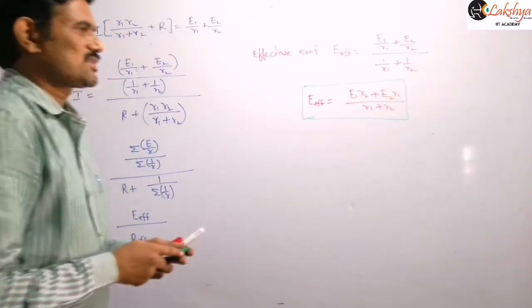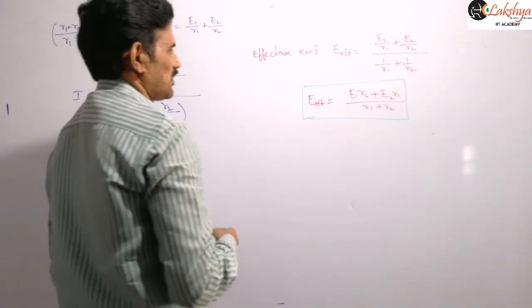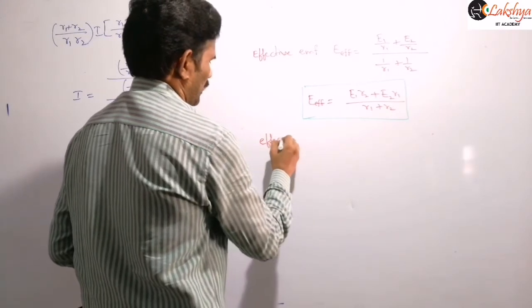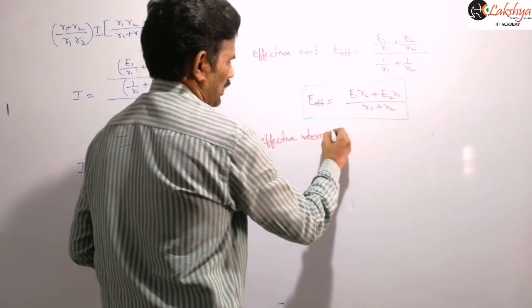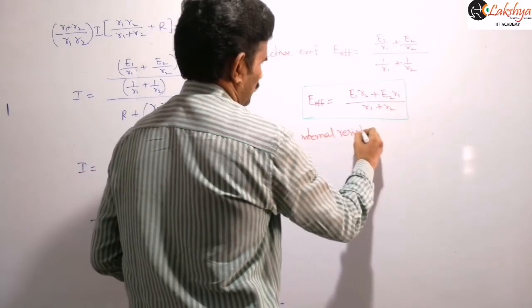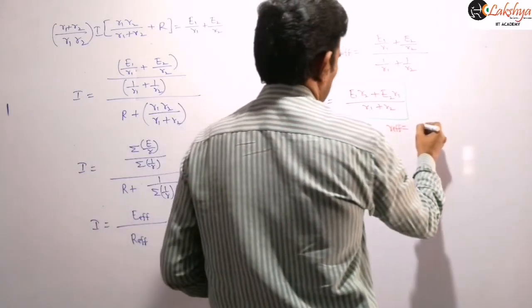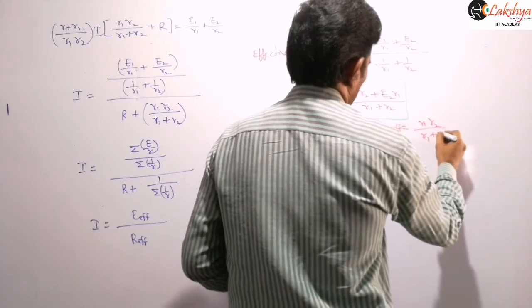And for two cells, the effective internal resistance R effective we can write as R1 R2 by R1 plus R2.